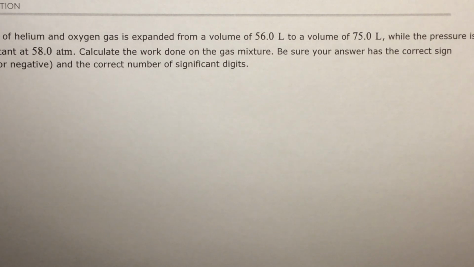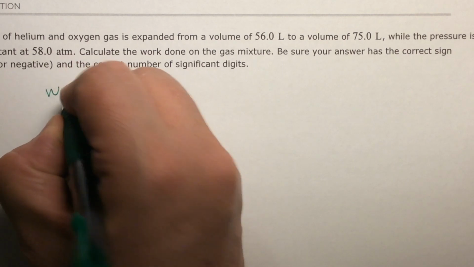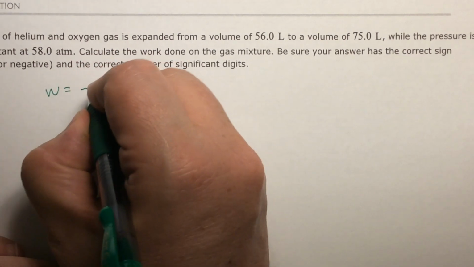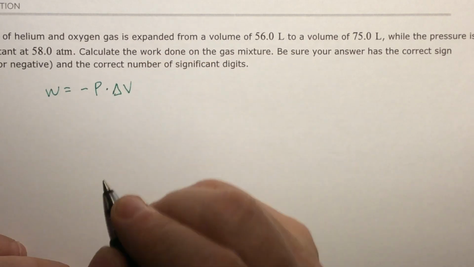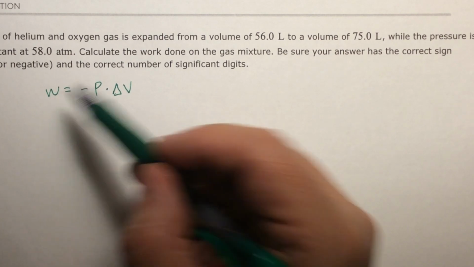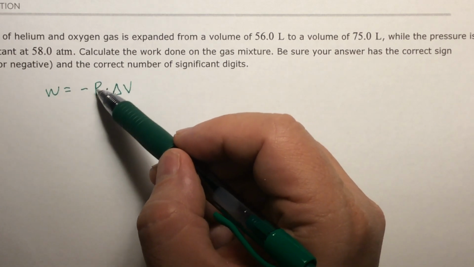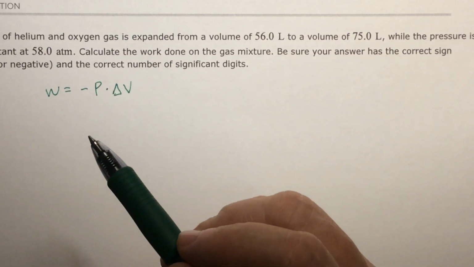So you're going to have to be given specific things. Let me first of all give you a definition that you're going to have to use for any of these type of problems. And that is work is going to be equal to minus pressure times the change in volume. Okay, so whatever work is being done is the drop in pressure times whatever the volume change is.